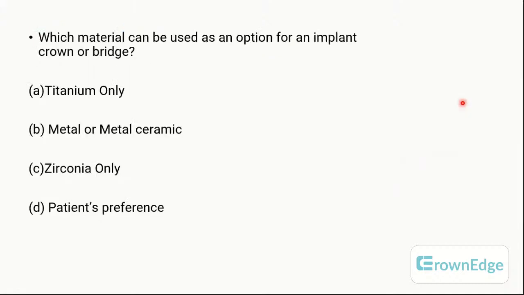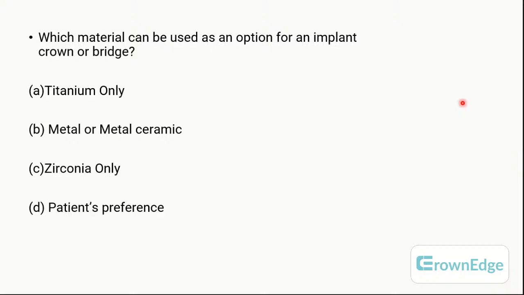Coming to one of the MCQs which I want to discuss, we did this the last time around. Which material is best suited for an implant prosthetic, a crown or a bridge? Is it titanium? Is it metal or metal ceramic? Is it zirconia? Or is it the patient's preference?